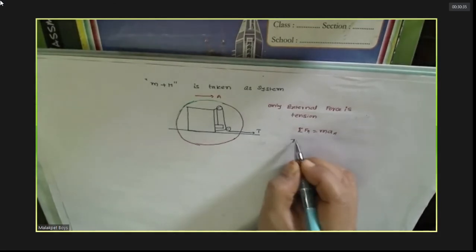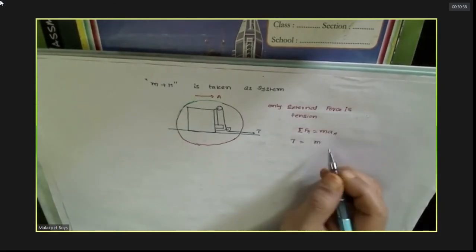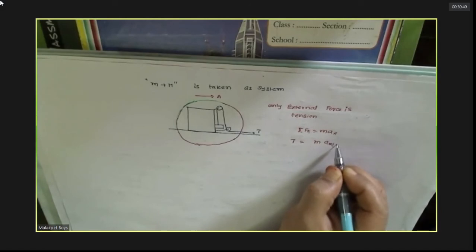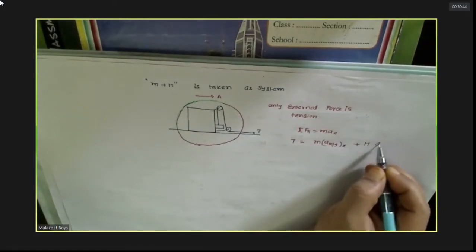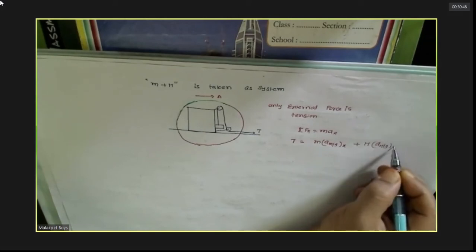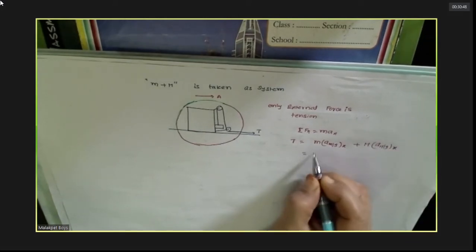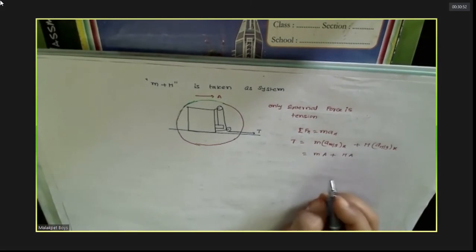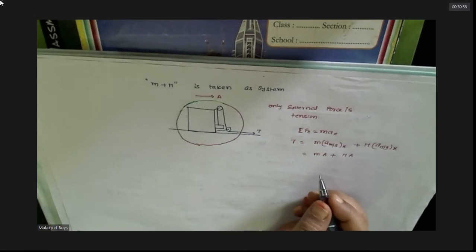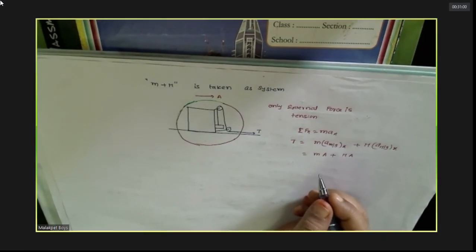The only force is T. This is mass into acceleration of small m with respect to ground in the x direction. This is capital M times acceleration of small m with respect to the x direction. This you can check already, you got this only. Remember this? Got or not?